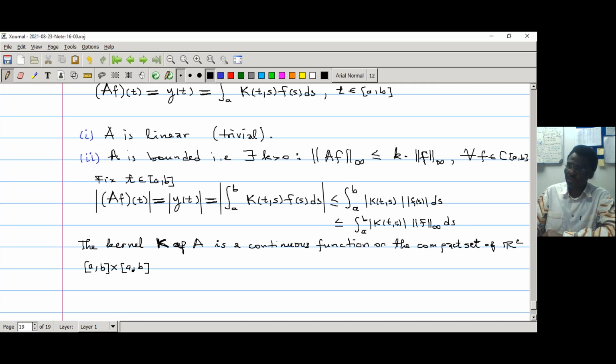So a continuous function on a compact set is bounded on that set. It attains its maximum and is bounded there. So it is therefore bounded.